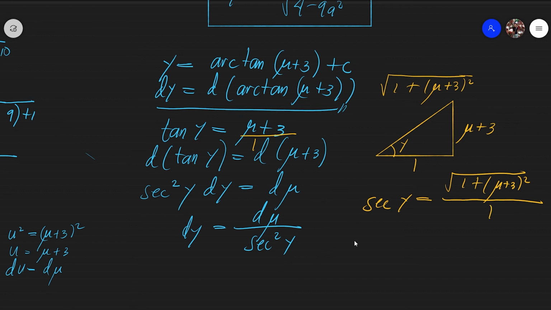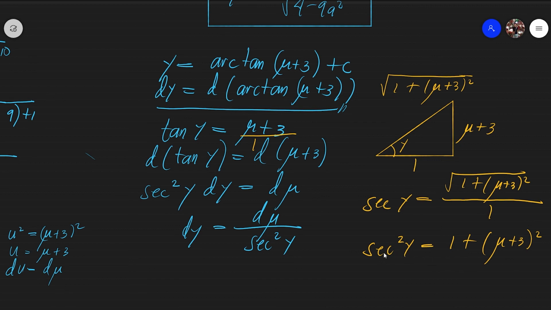So this is the value for secant y. How about the value for secant squared y? Makakancel out yung radical sign, yung square root, so ang matitira dyan is 1 plus mu plus 3 squared. This is the value for secant squared y.